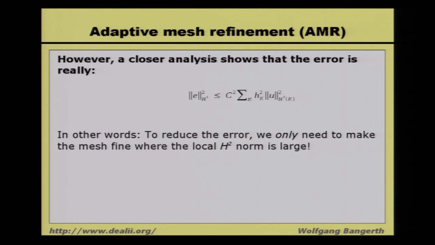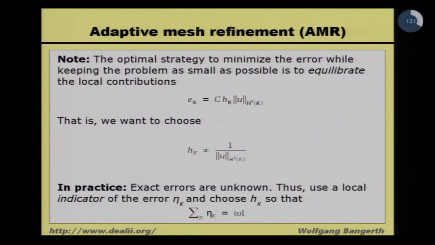And so if you think about how this should work, let's say we would want to make certain cells small and others we can leave large because the H2 norm there is relatively small. The question is then how should we balance these two things? If you ask how we would want to make the error as small as possible, subject to the constraint that the mesh remains as coarse as possible globally, so that the number of unknowns is as small as possible, then it turns out that you can show that the best possible strategy is to equilibrate the local contributions.